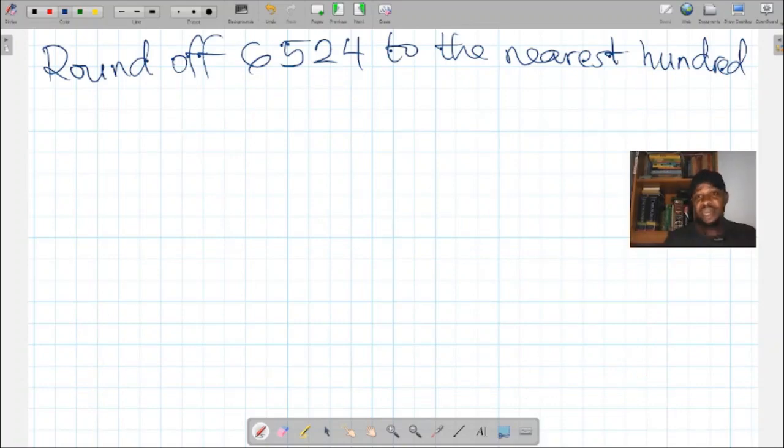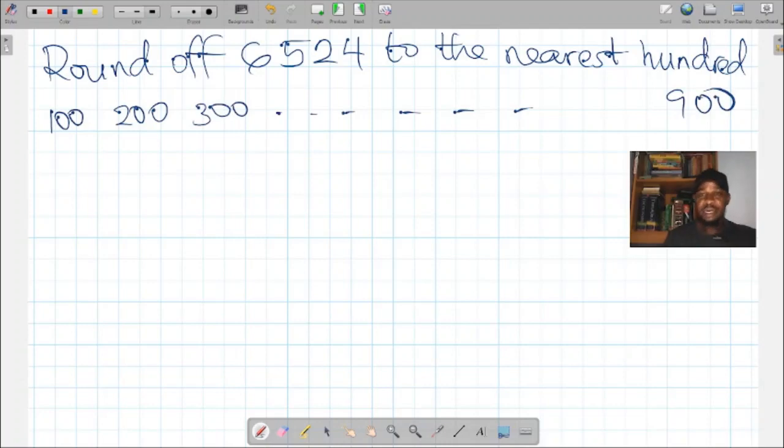This example says we should round off 6,524 to the nearest 100. Now when we're counting in hundreds, we're going to have 100, 200, 300, all the way to 900. And so we're going to have to find the lower bound. In this case, we can't have 524, we can only have 500, and that's going to be our lower bound.